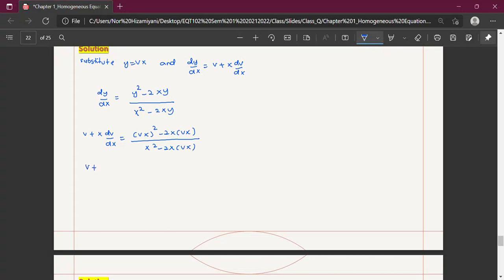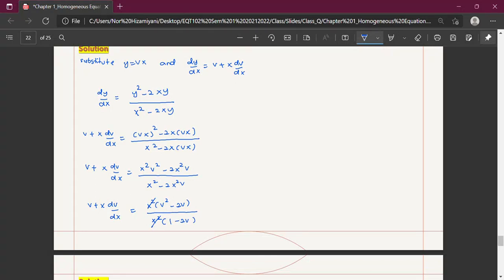Then you simplify the function on the right hand side, where we can see that you can factorize v² from our fraction. So x² divided by x², you will get equal to 1.